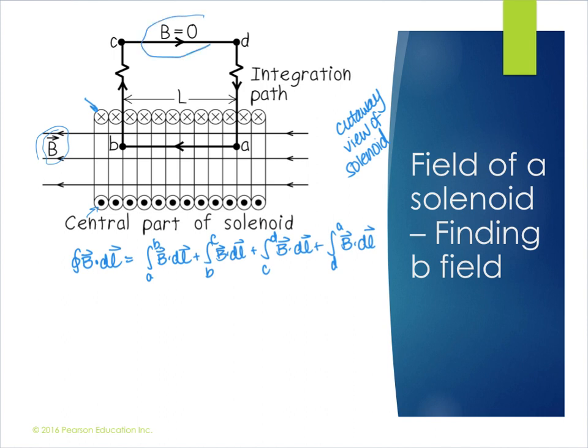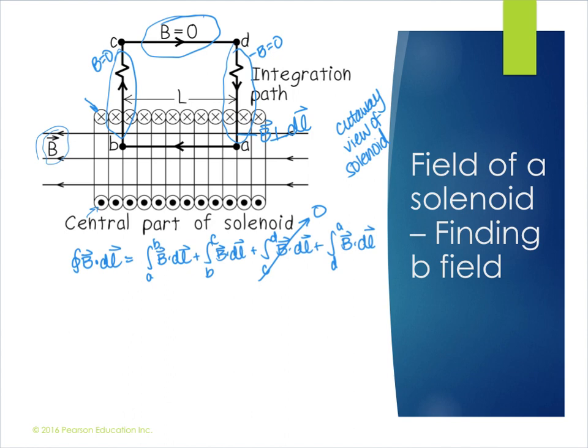Notice that when I go from C to D, I am outside the solenoid where I expect the magnetic field to be 0. That's this one. It's going to contribute 0, so we can get rid of that. The other 2 sides that are of interest are here and here. Here there's a combination of things coming. Either B is 0 near the top of these paths, but when it's in here, B is perpendicular to my integration, so B dot dl is 0.